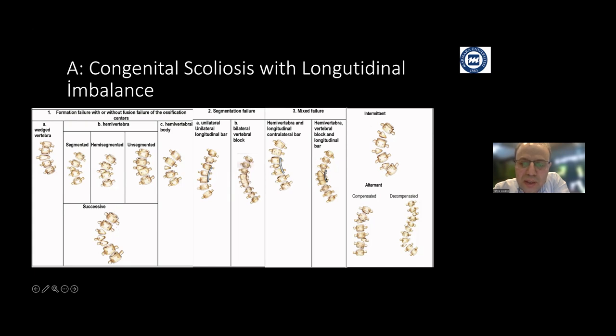This is bar and this is the hemivertebra and block vertebra. This is mixed. And intermittent, there is a hemivertebra, normal vertebra, hemivertebra, normal vertebra. And alternate, again, this is hemivertebra, but there are a lot of normal vertebrae between the two hemivertebrae.